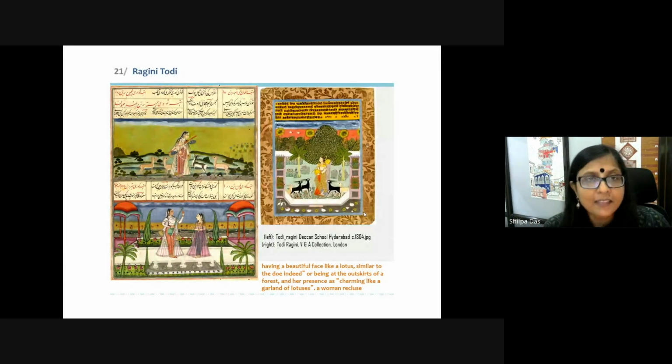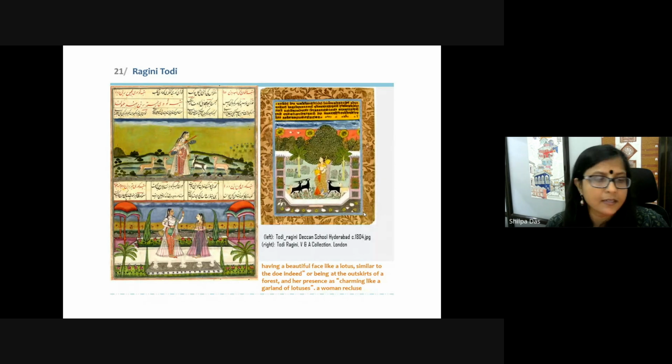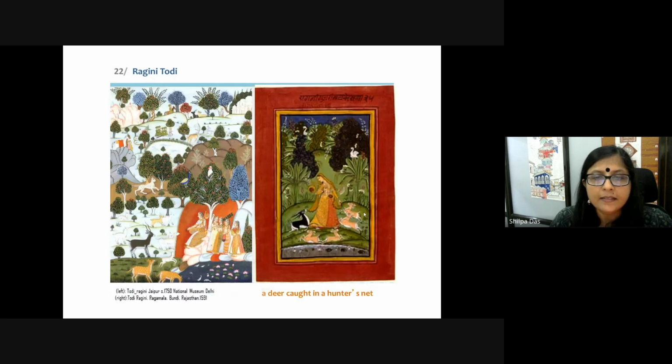So this is also Ragini Todi, and you can see this is from the south, from the Deccan. The one on the right is in the V&A in London. It's a beautiful painting if you see it firsthand, and the text inscribed at the back of this painting says that Ragini Todi is like a deer caught in a hunter's net, struggling to free herself.